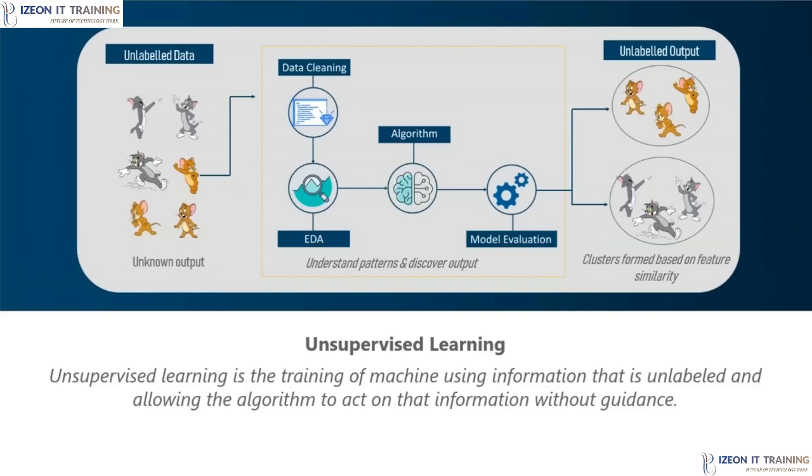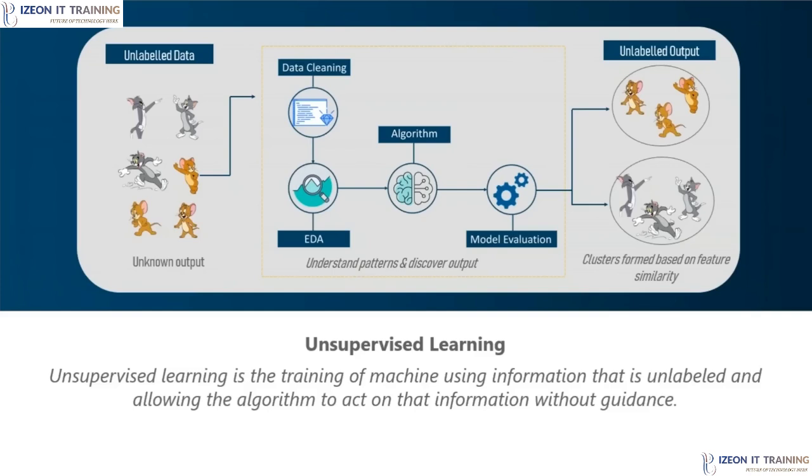It figures out patterns and the differences between Tom and Jerry on its own by taking in tons and tons of data. Now, how do you think the machine identifies this as Tom and then finally gives us the output like, yes, this is Tom, this is Jerry? For example, it identifies prominent features of Tom, such as pointy ears, bigger in size, and so on, to understand that this image is of type 1.